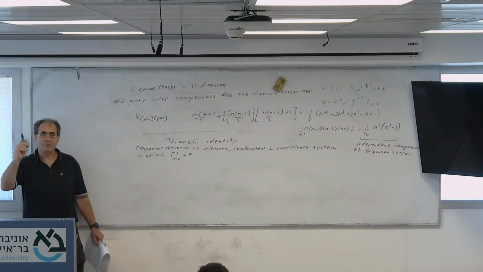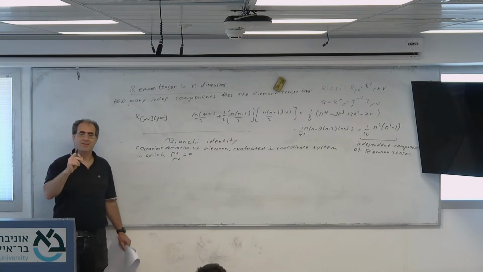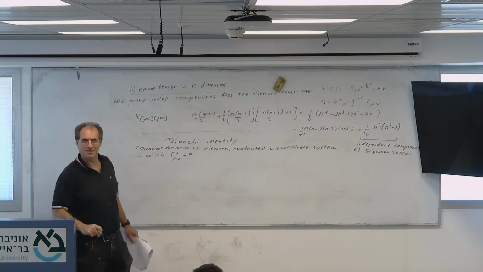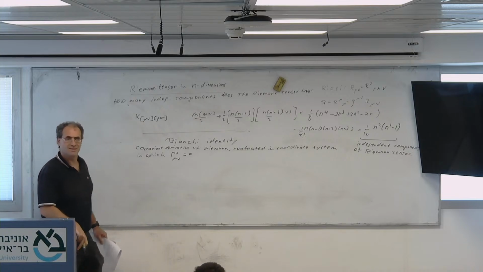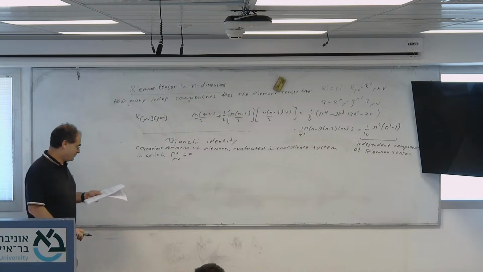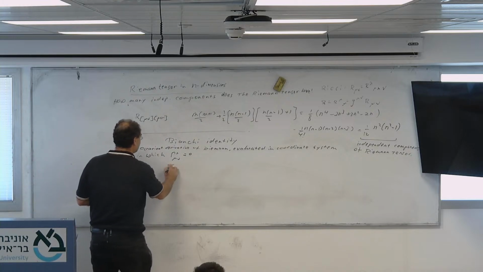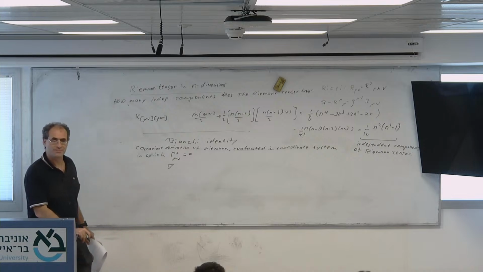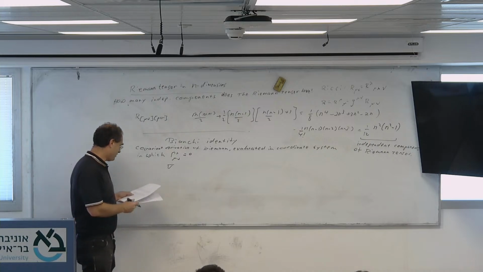We said in every point in an arbitrary potential field, I can always select a locally inertial coordinate system, right? It's very basic. Now it doesn't mean that the first derivative of gamma vanishes, but gamma itself can vanish.